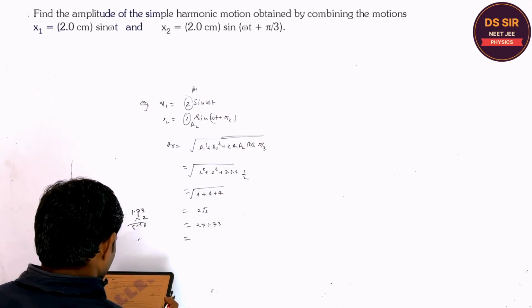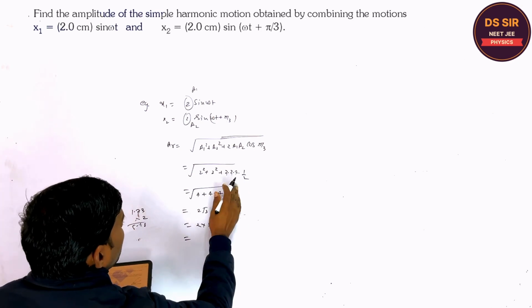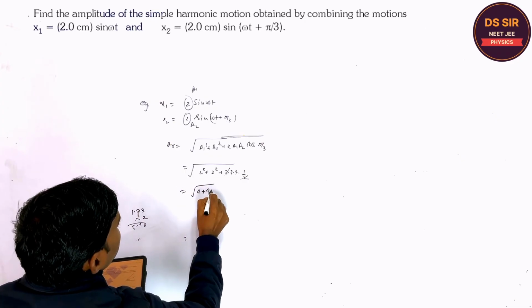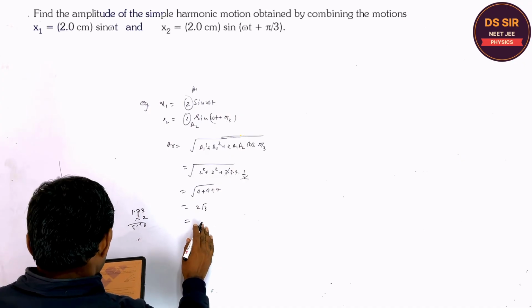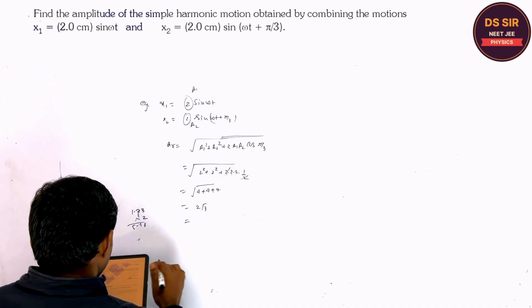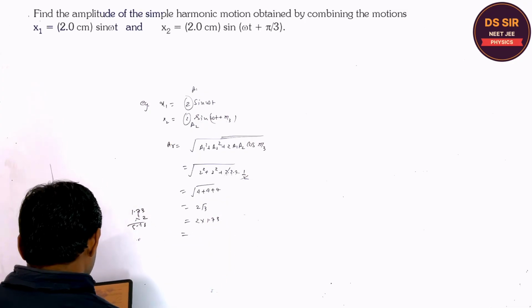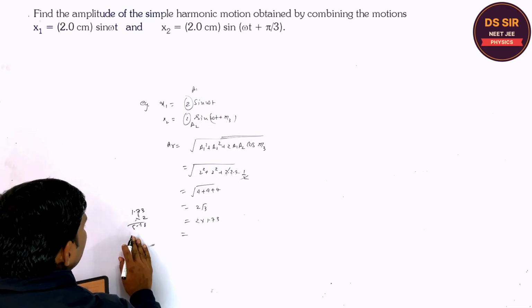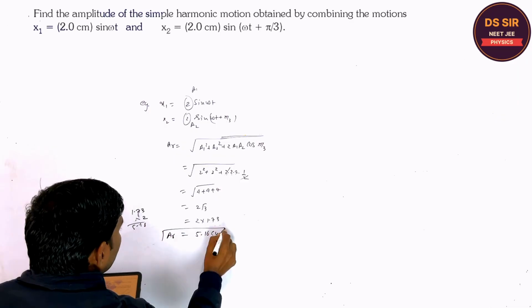Cos 60 is 1 by 2, 2 square, 2 square, 2 into 4 is 8, and 4 plus 4 plus 4 gives 2 root 3. So what is the answer? It comes to 5.16 centimeter, so it should be the answer.